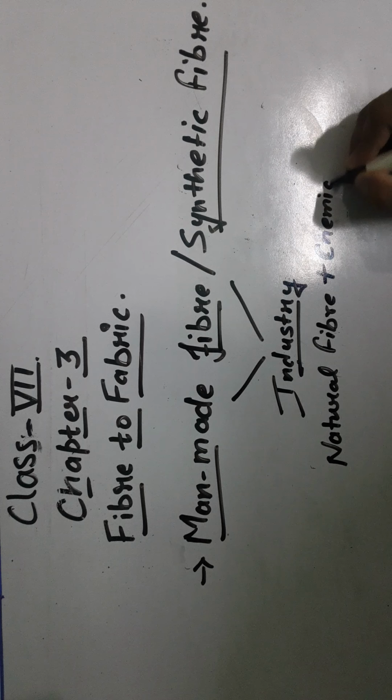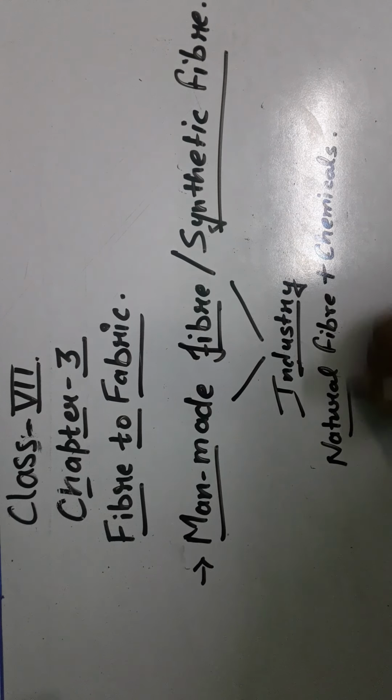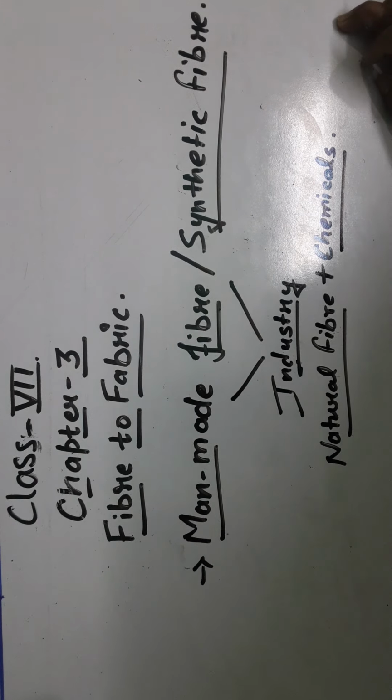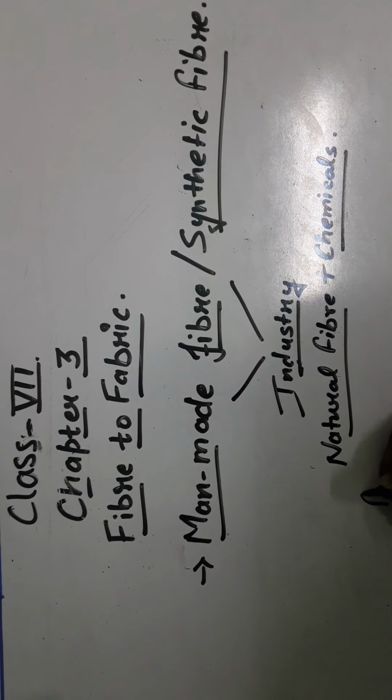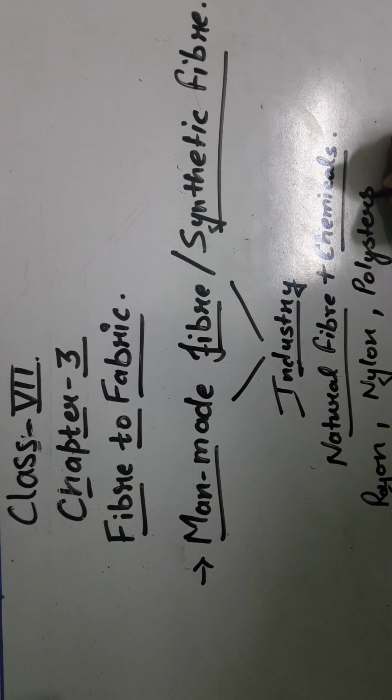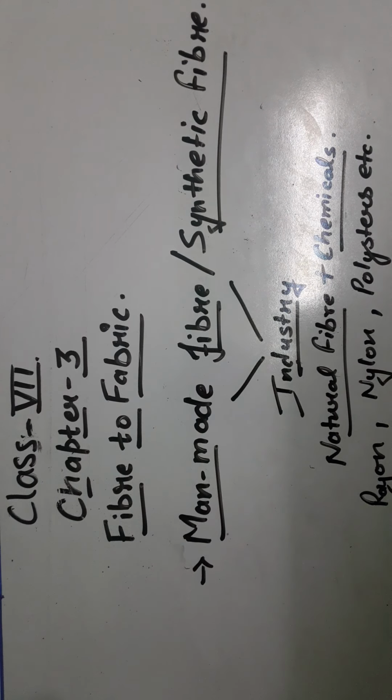We take natural fiber and mix it with chemicals, and we get other fibers, that is rayon, nylon, polyester, etc. These are some of the examples of man-made fiber.